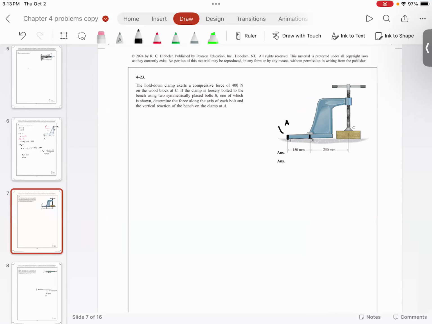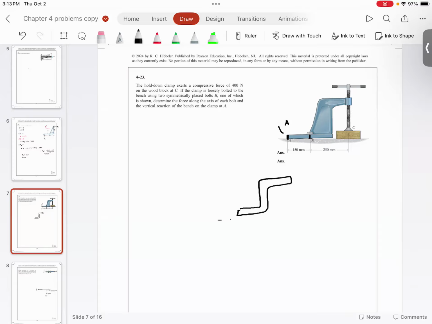Now I want you to understand. This is the clamp. Now this clamp is going to exert compressive force on the block.